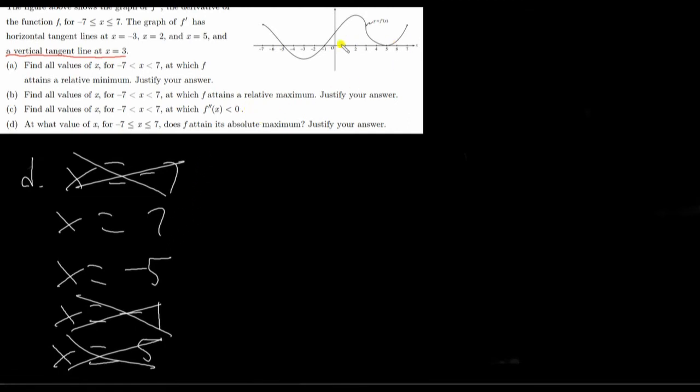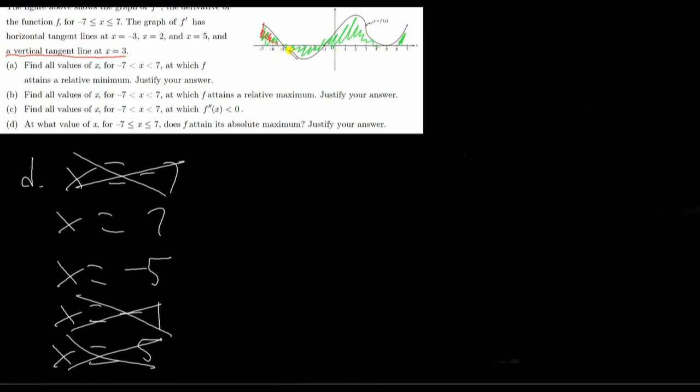Just looking at this graph and making a reasonable assumption, this is the area for -7 to 5. And then this is, let's do green, the area for -7 to 7.